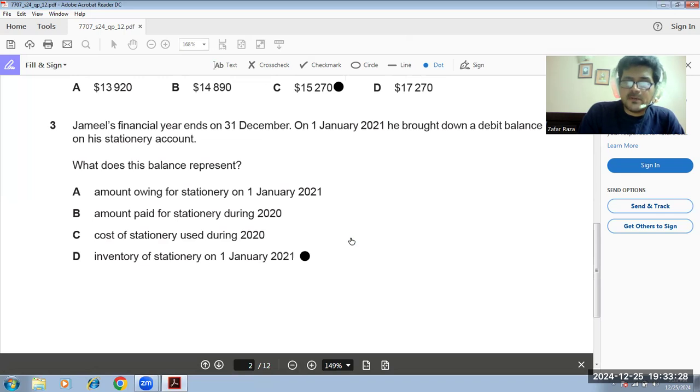Inventory of stationery on 1st January 2021. This is not showing the amount owing for stationery. It is not showing the amount paid for stationery. It is not showing the cost of stationery used. It shows inventory on 1st January. The stationery account is an inventory account.